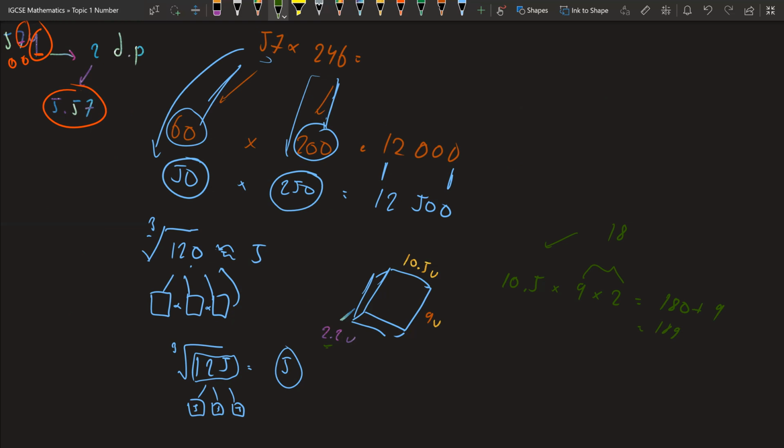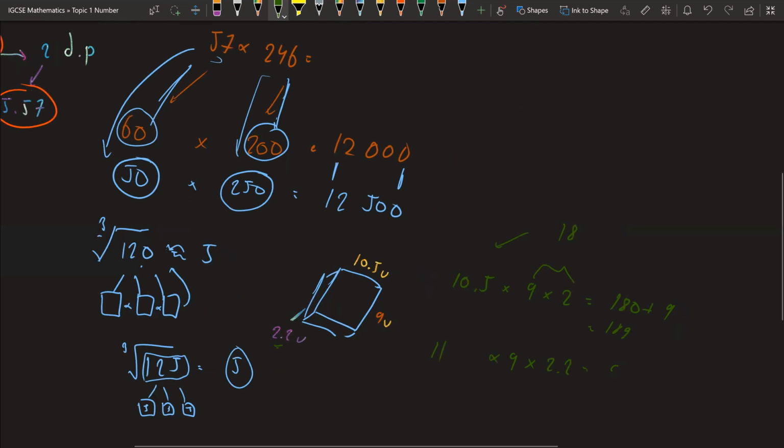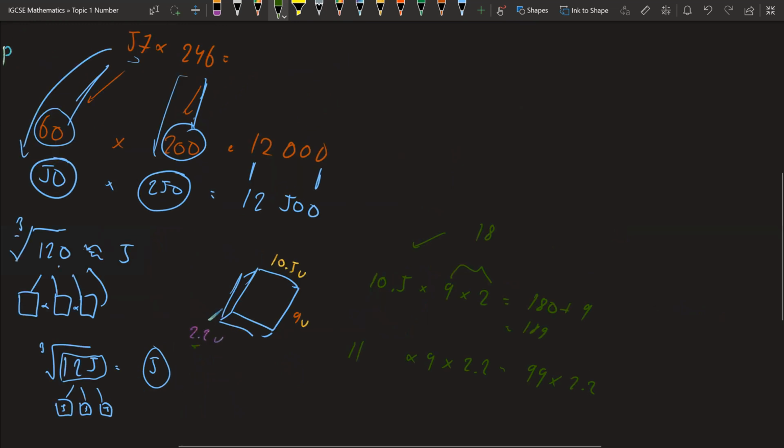Right, so the max value is probably, let's say, you round one of them up. Times 11. So this would give you a value of 99 times 2.2.